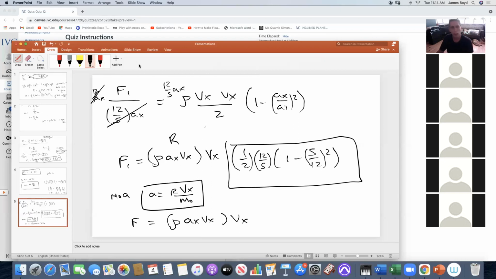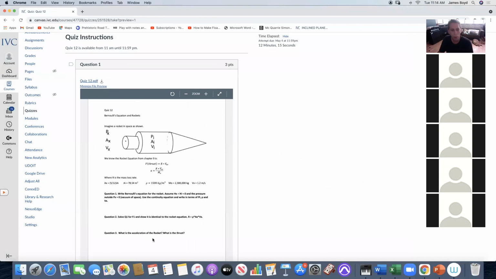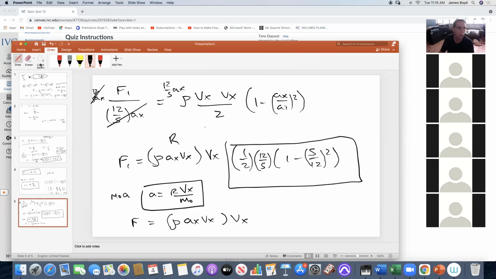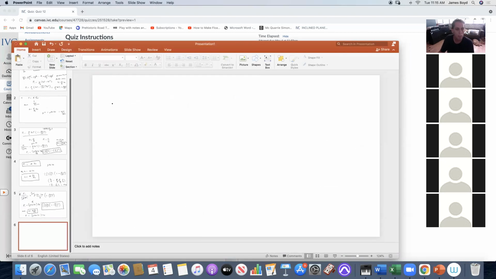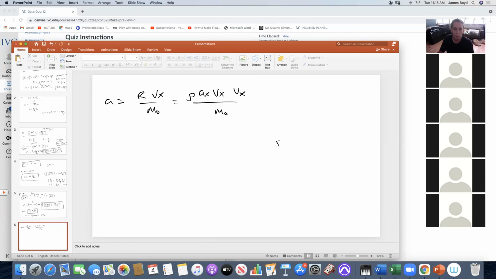And I gave you some numbers to plug in for part 3. So A, let me do that on a new slide. A is R VX over M naught, which is really rho AX VX VX over M naught. Rho is 1,500 kilograms per meter cubed. That's rocket fuel's density. AX is 5/12 of AI.